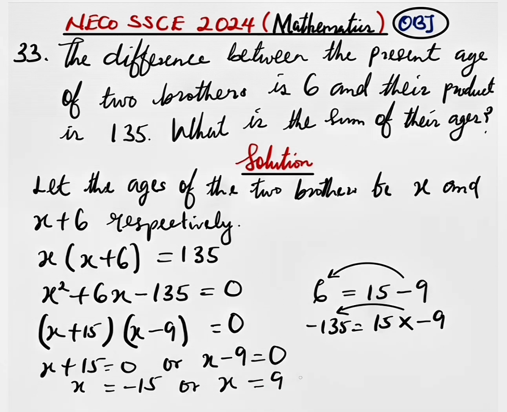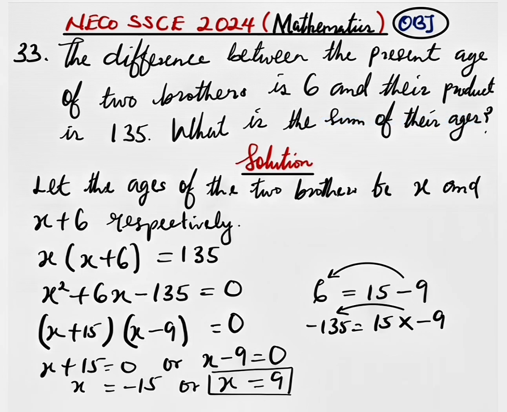Now their ages cannot be a negative number, so we go with x equal to 9. But x equal to 9 is not the solution to this question, because we're asked to find the sum of their ages.